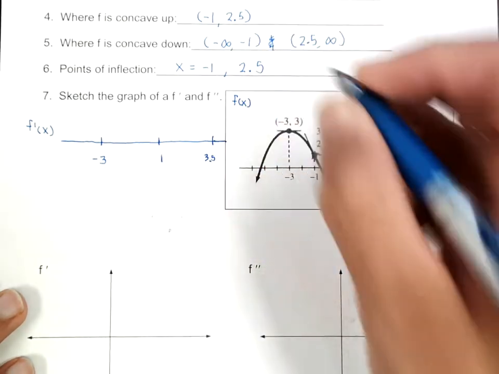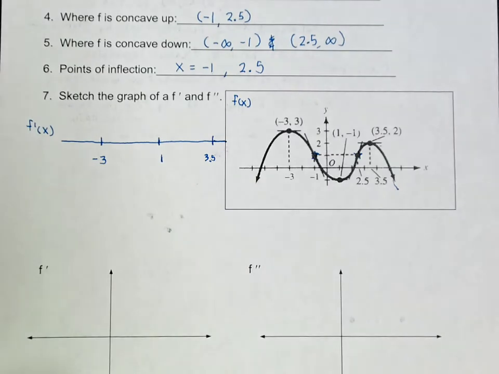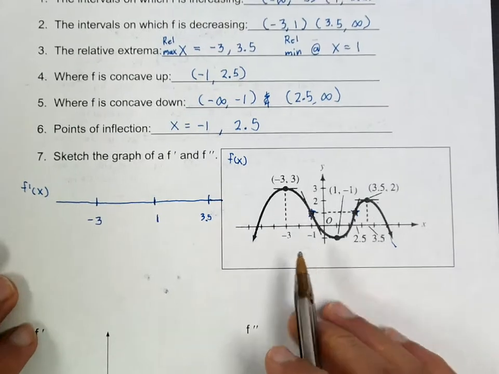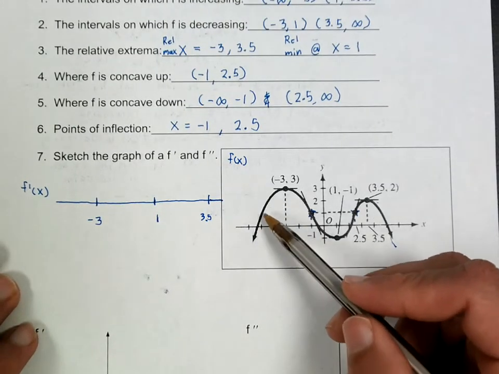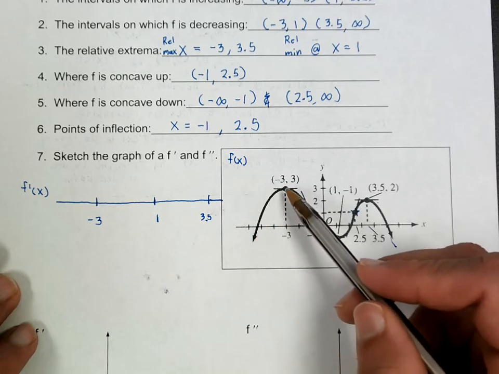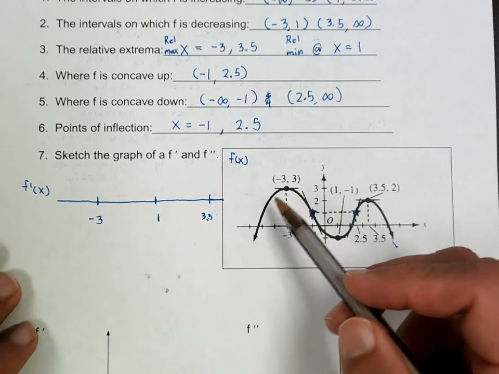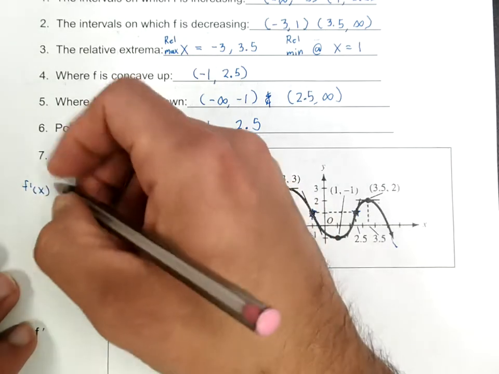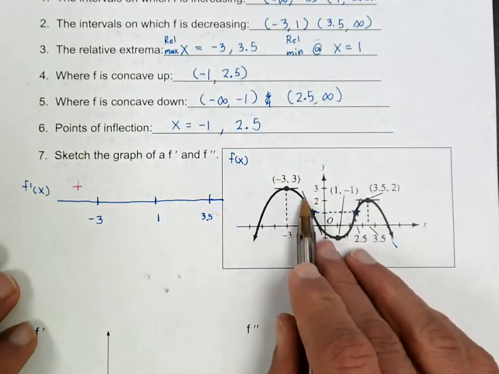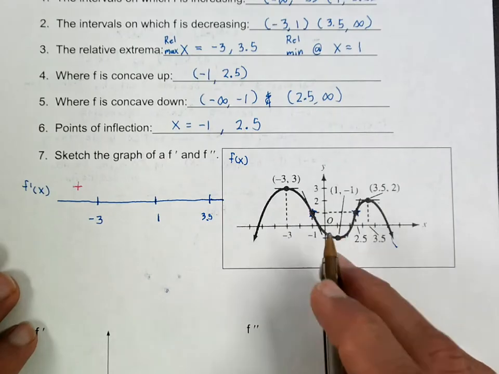All right, so that's my relative extrema. Now remember, this is going to be positive. If f is increasing, that means the derivative is going to be positive, my f prime of x is going to be positive. Where I'm decreasing between here and here, that's going to make those slopes negative.